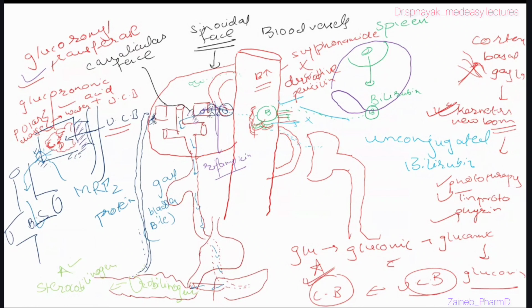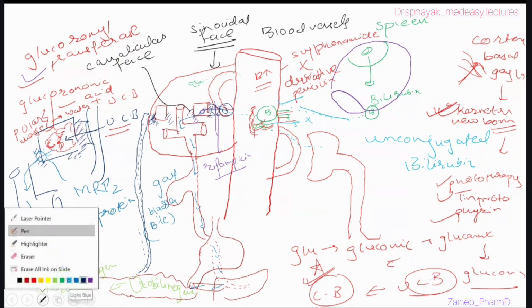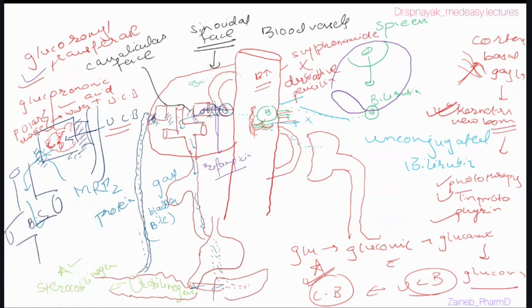It is the sinusoidal side. And here it is facing the biliary system, so this is the canalicular side. So a certain amount of urobilinogen will travel here, be reabsorbed by the hepatocyte, and get recycled. A very small proportion of the urobilinogen will come into the circulation.